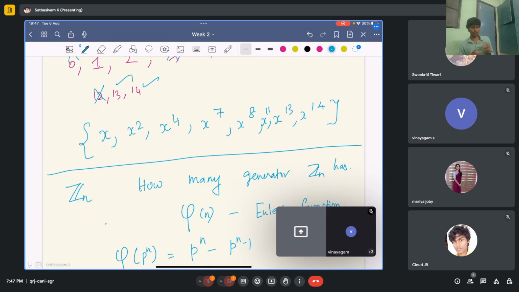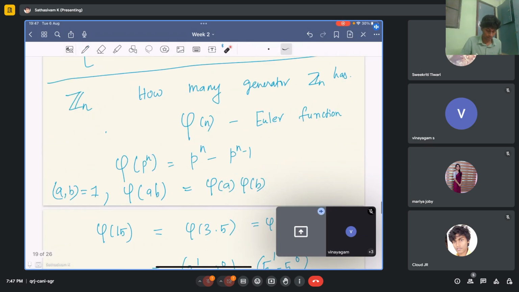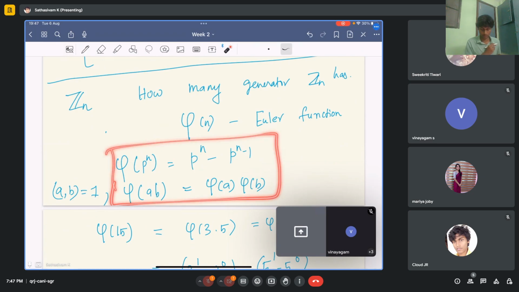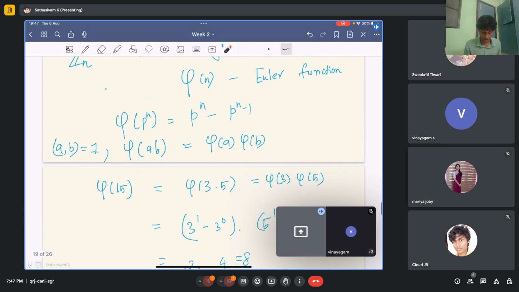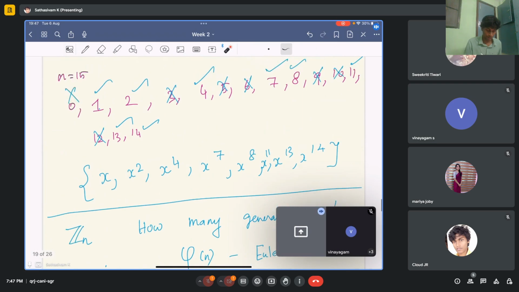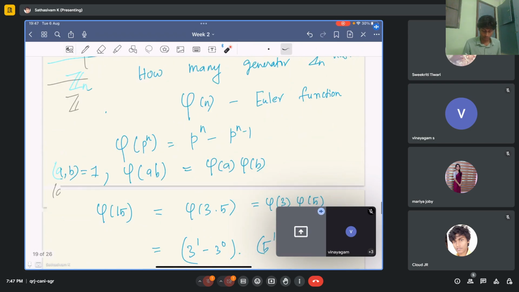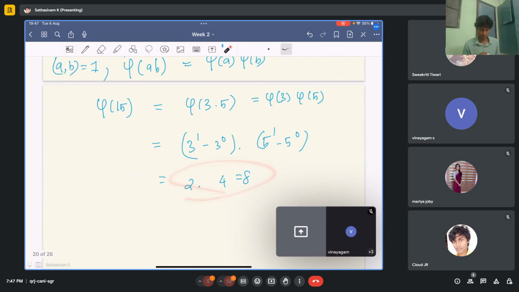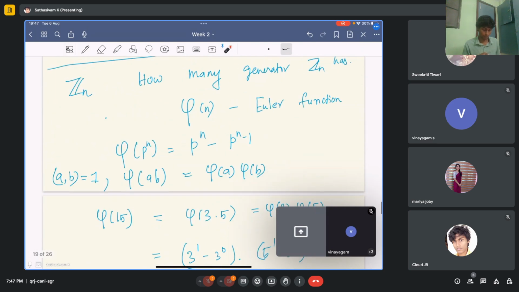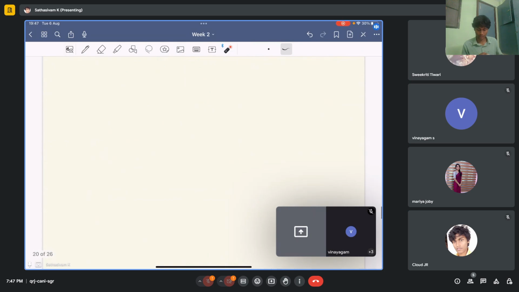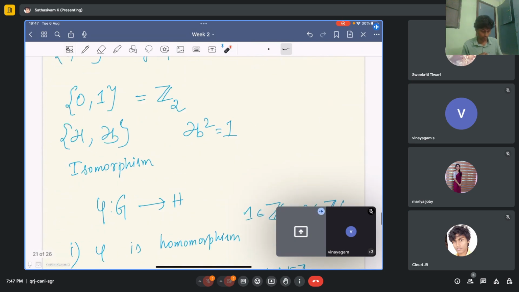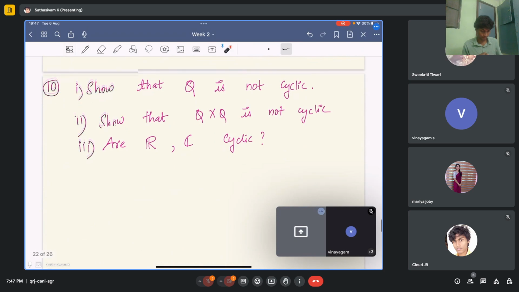So the number of generators is given by this, and you can directly write this. I'm just recalling this, and you can check and verify that you got all the generators by finding the number of generators. So that is just a recall. Let's move on to the next question here.